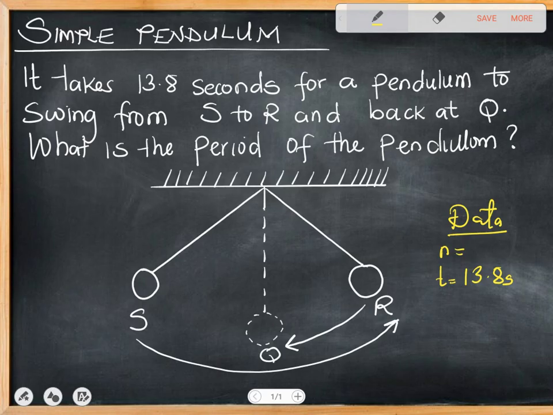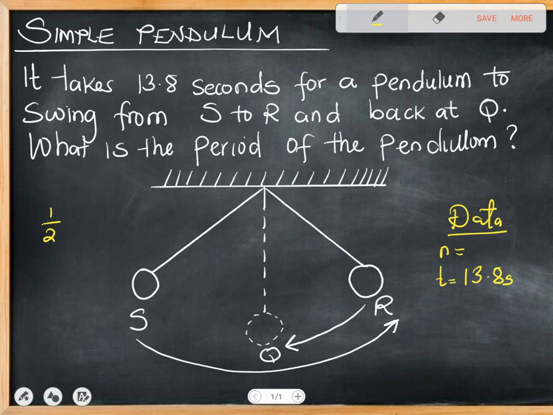So now when we look at this equation, the pendulum bob swings from S to R. A swing from S to R makes half an oscillation. And once it comes back to S, it means it has made a complete oscillation.